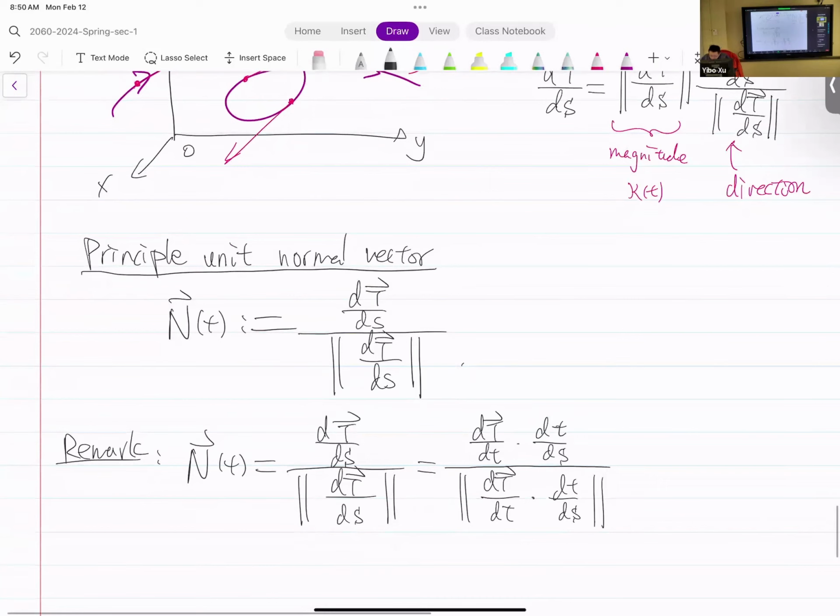This is a scalar function, and in fact ds/dt is the rate of change of arc length, which is positive, so dt/ds is also positive.